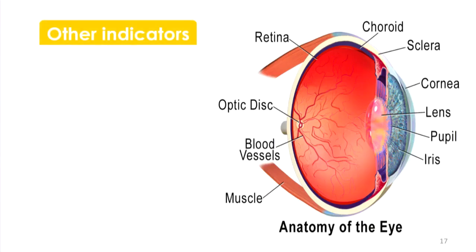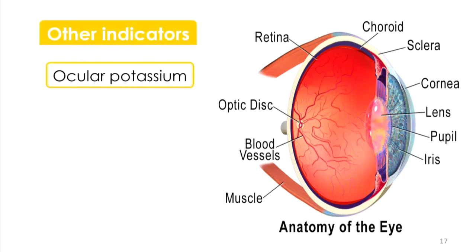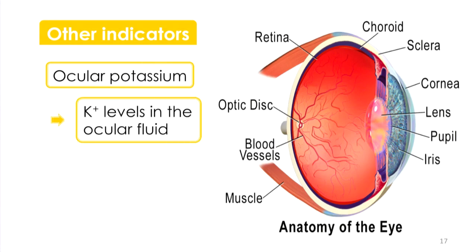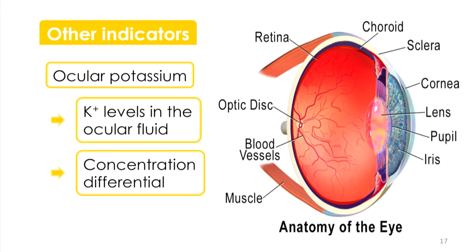One of the suggestions is to use ocular potassium, and that is the potassium that's present inside the eye, in the vitreous humor of the eye. The concentration of potassium in the eye is lower than the concentration of potassium in the rest of the body, and your biochemical machinery makes sure that this concentration differential is maintained during life.